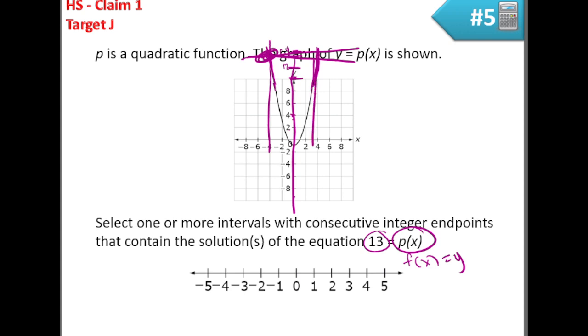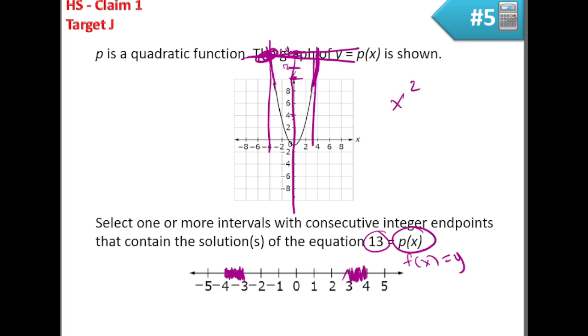Just by approximation, I would say around -3 and -4, and same here, 3 and 4, since the graph didn't go all the way through.